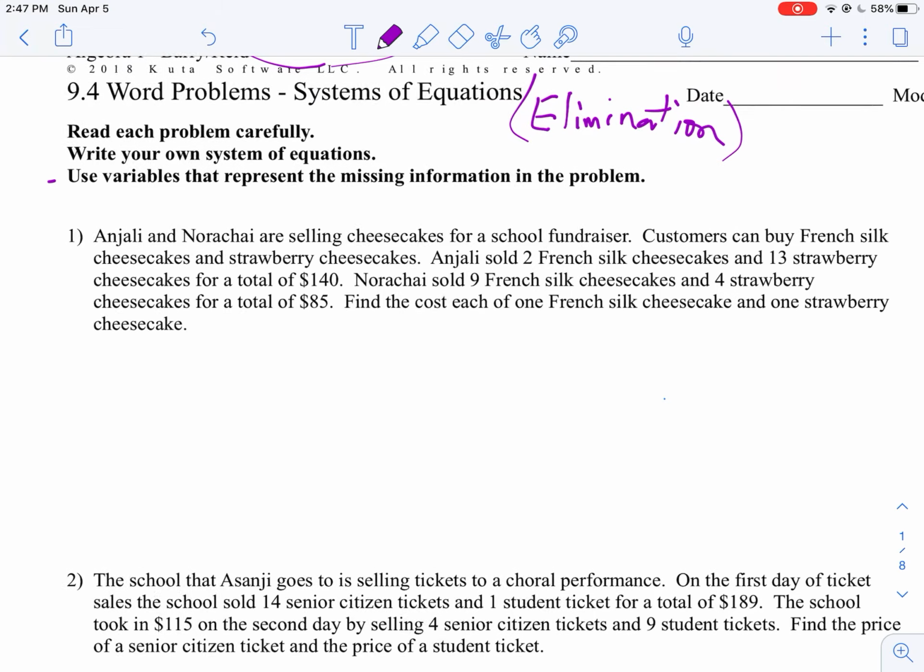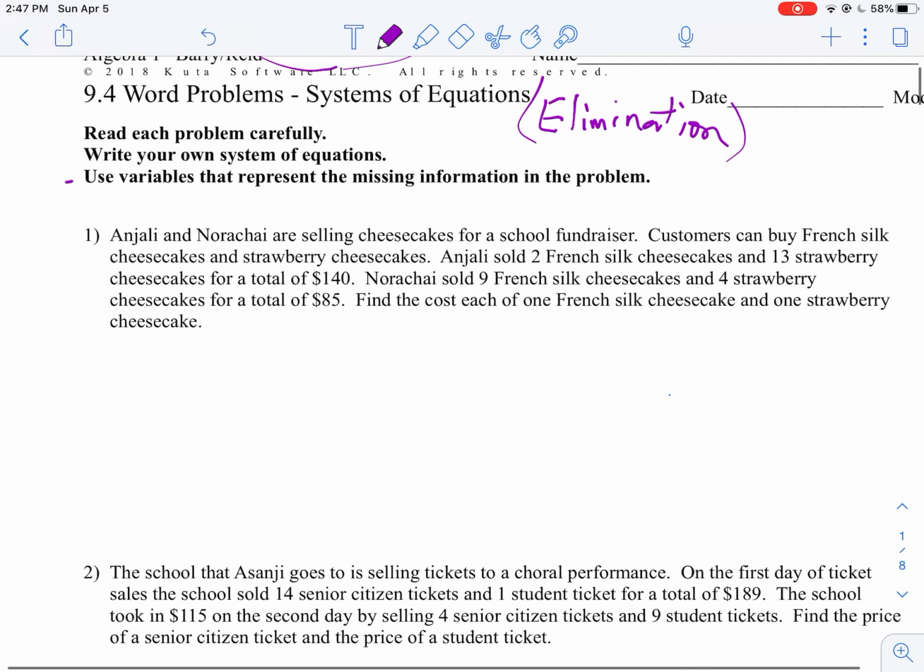So Anjali and Norakai are selling cheesecakes for a school fundraiser. I'm sure we've sold something for a fundraiser somewhere, chocolate or popcorn, cookie dough. We've all had sales like that, right? A lot of these problems are based off of things like that. So selling cheesecakes, school fundraiser. Customers can buy French silk cheesecake and strawberry cheesecake.